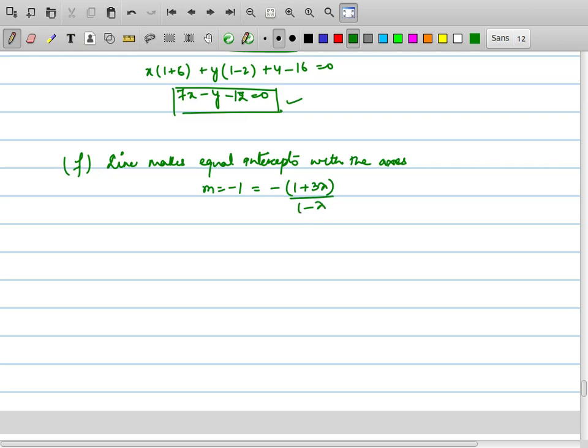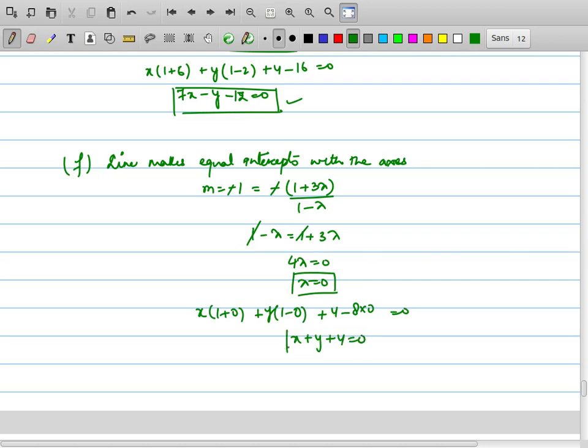That is, we are looking for that member of our family which makes equal intercepts with the axis. Therefore 1 minus lambda is equal to 1 plus 3 lambda. This gives 4 lambda equals 0, so lambda comes out to be 0. Again we find that we are getting back our first equation: x(1 plus 0) plus y(1 minus 0) plus 4 minus 8 into 0 is 0, that is x plus y plus 4 is 0. The line that was given originally is satisfying this condition.